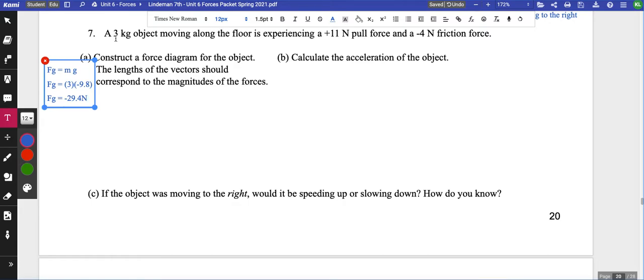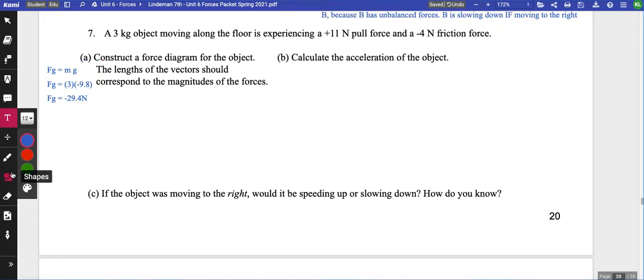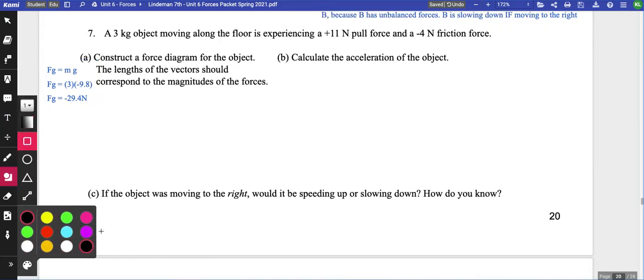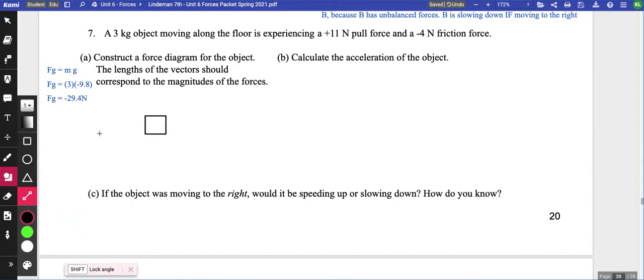Okay, so the 3 kilogram object is moving along the floor. So that tells me that we have some sort of box or something, and it's on a surface. That also tells me what one of my forces is going to be.